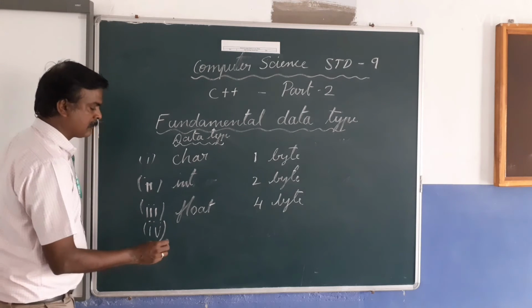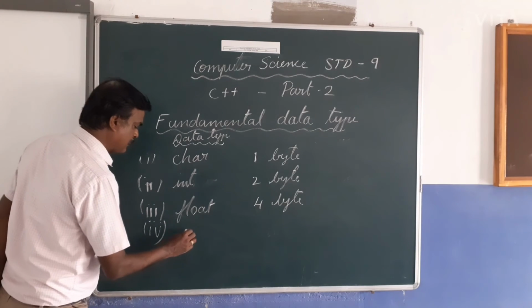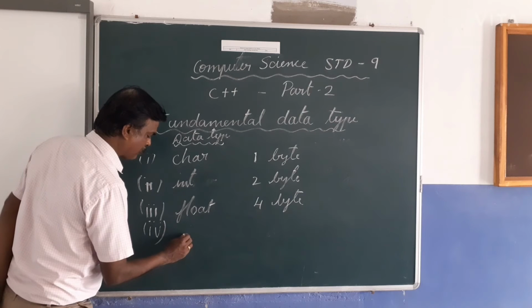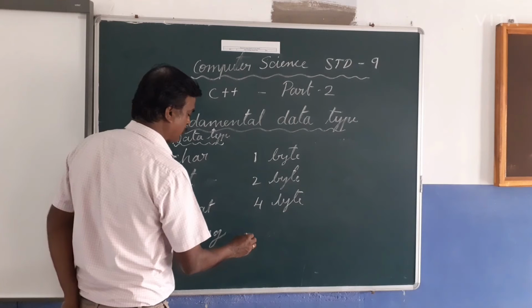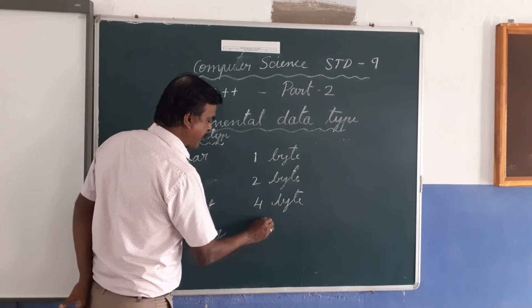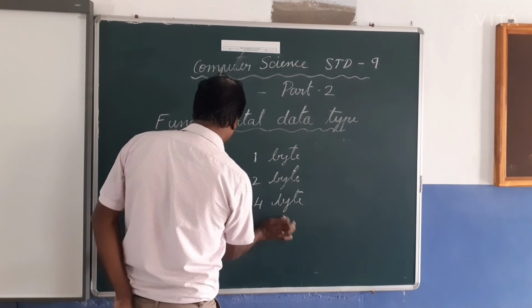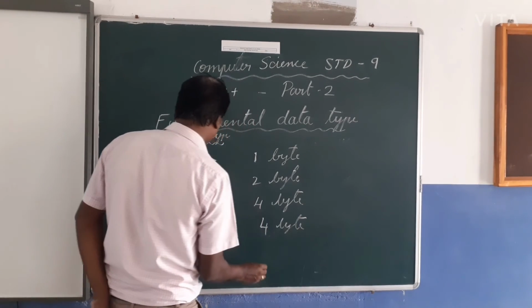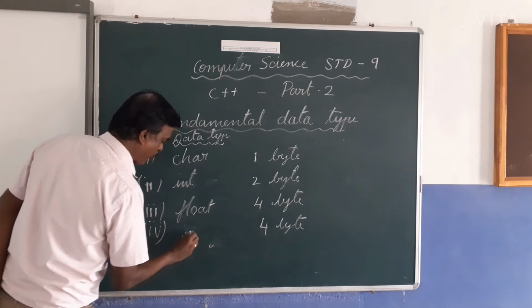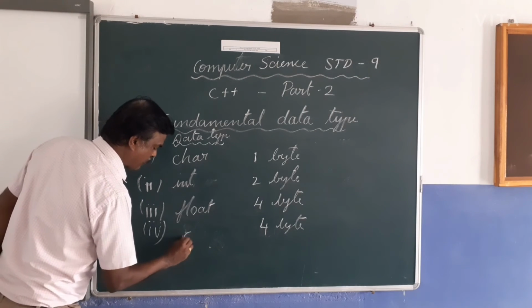Fourth one is double. It stores 8 bytes.